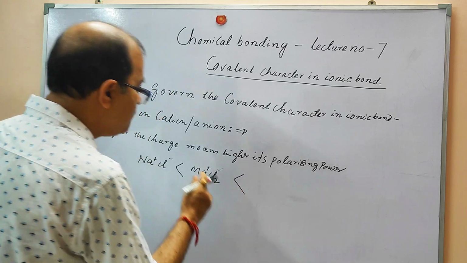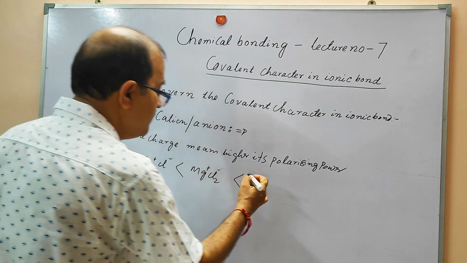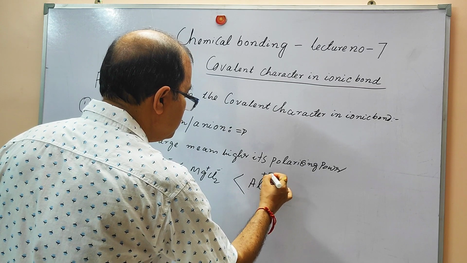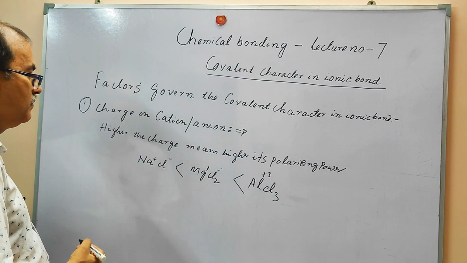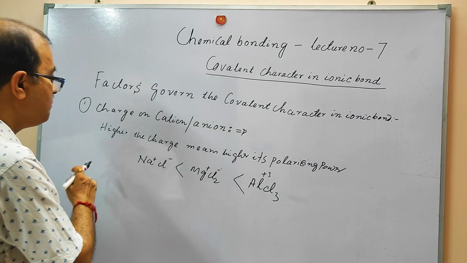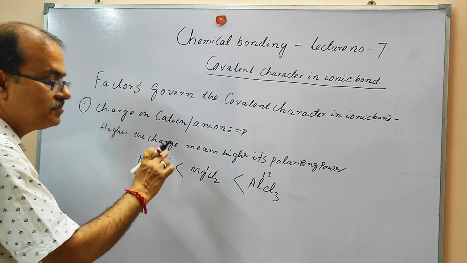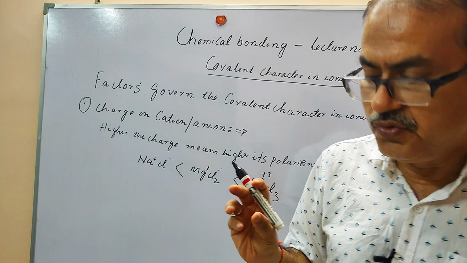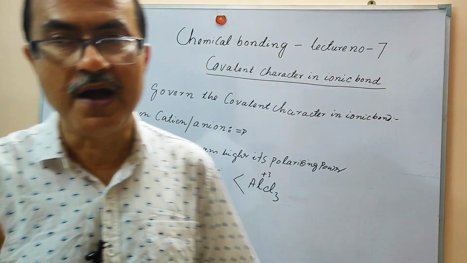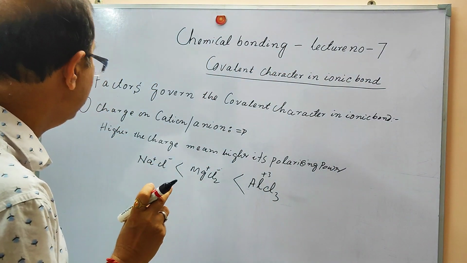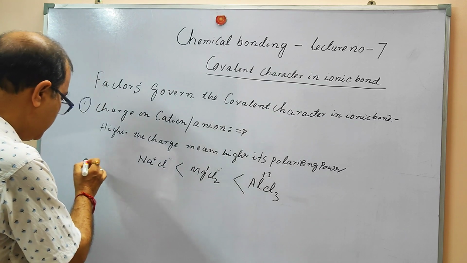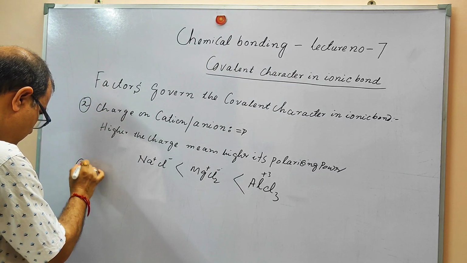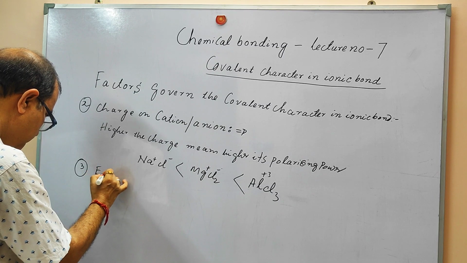And again, magnesium chloride has less covalent character than aluminum chloride. The same thing is applicable when the anion's charge goes on increasing, and it will impact the covalent character in ionic compounds. This is the second factor, and the third factor is the electronic configuration.